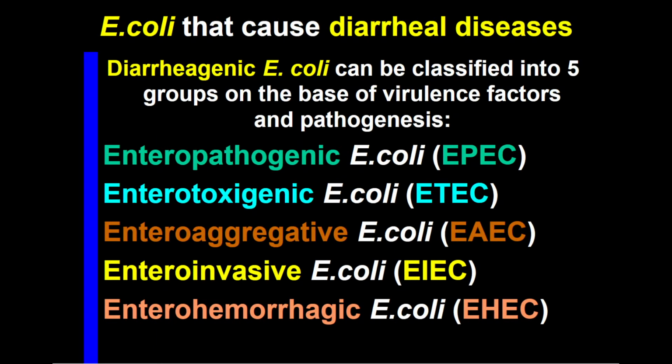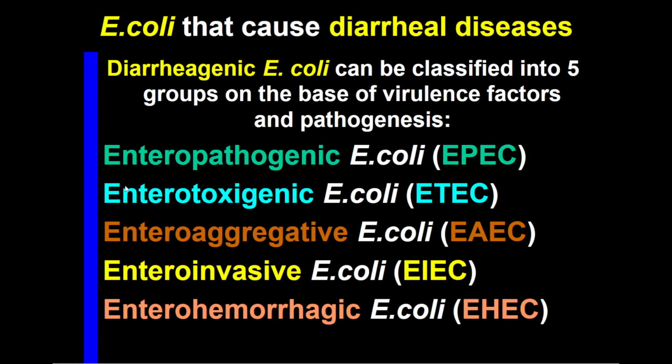Okay, apart from urinary tract infections and meningitis, we may have a group of Escherichia that cause diarrheagenic diseases or diarrheal diseases. And we all together divide them into 5 groups. And you have to know them and you have to distinguish them.